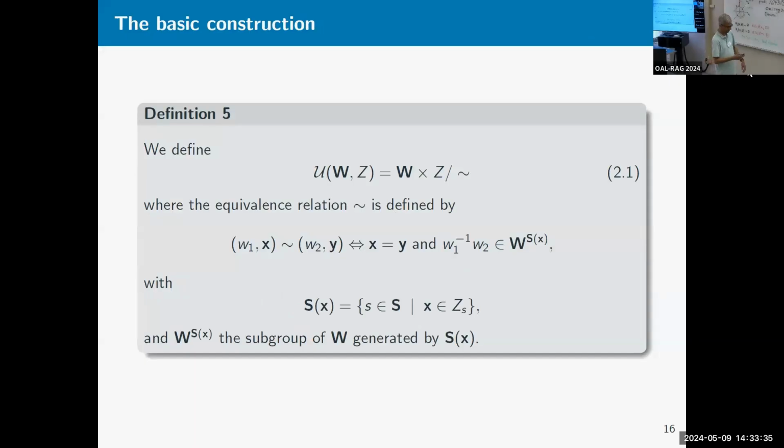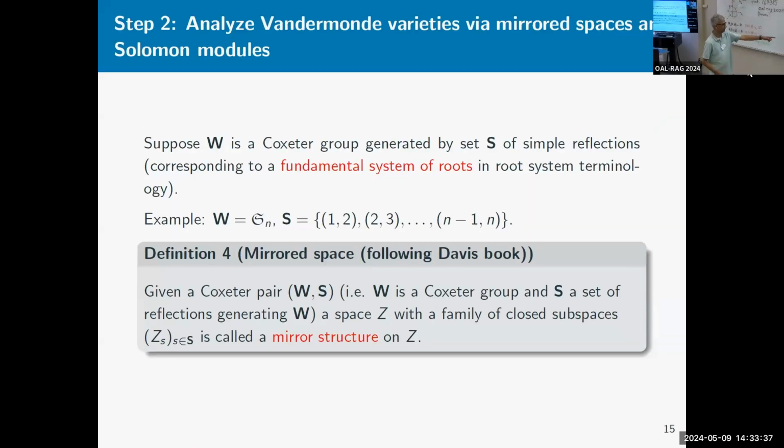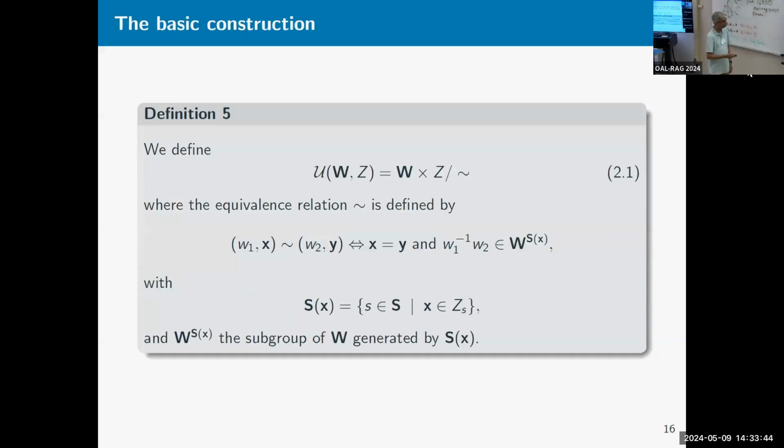And if you have such an object, a space with closed subspaces, you can build, using the action of the Coxeter group, a bigger space by gluing these Z's along these closed subspaces according to the action of the Coxeter group.